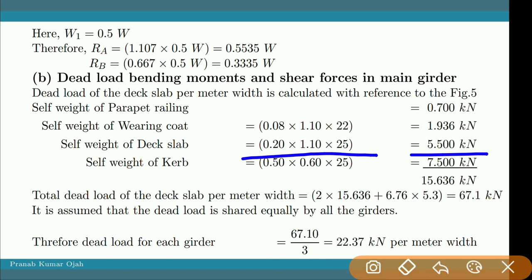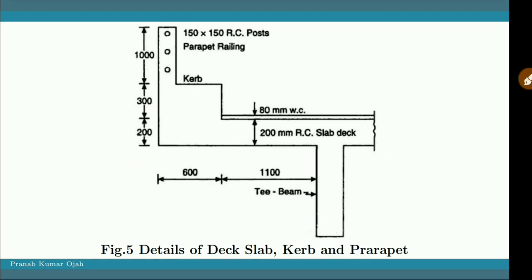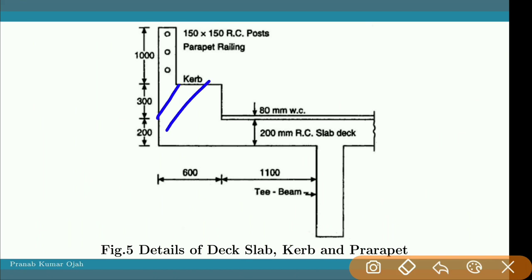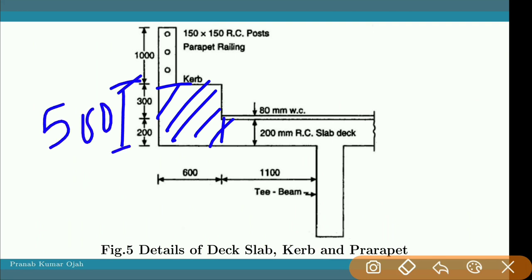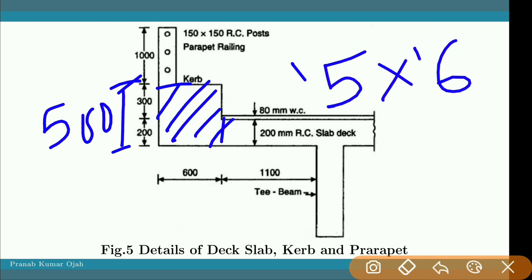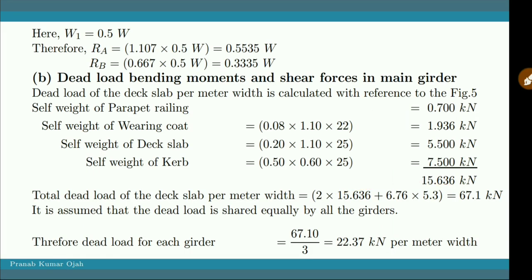Then self weight of curb. So this is the portion of the curb. So it is 500, total 500 mm. So the area is 0.5 into 0.6, which will be multiplied by the unit weight, which is 25.